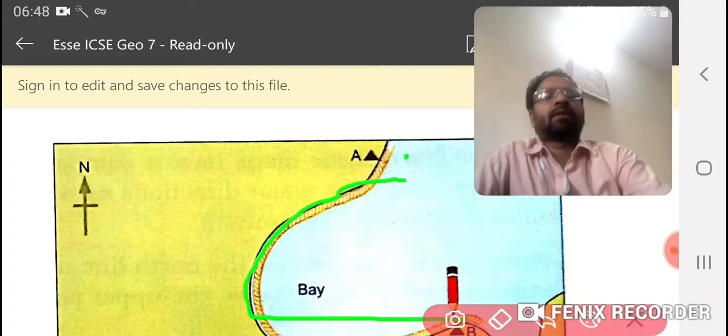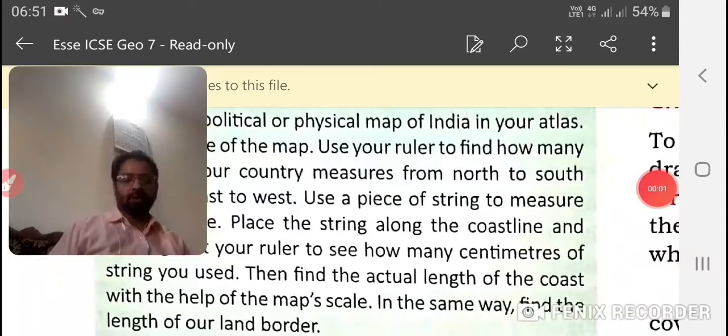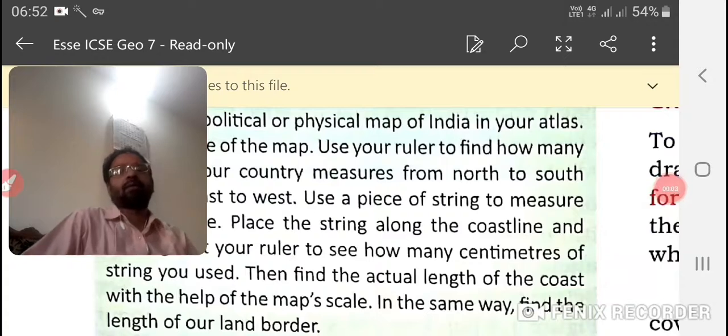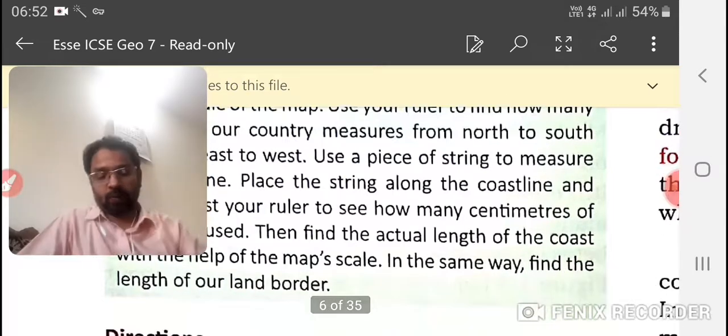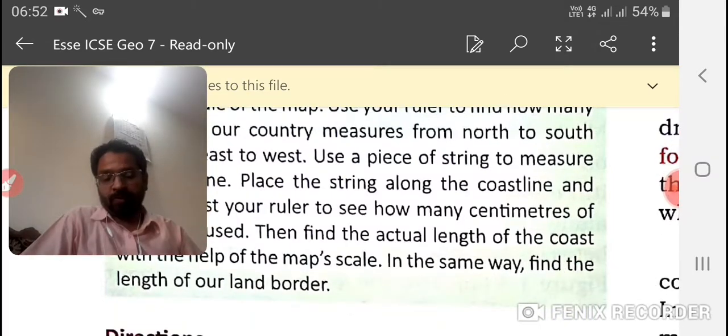Okay. And now, dear students, now you get a political map or physical map of India, and use a ruler to find how many kilometers our country measures from north to south and from east to west.